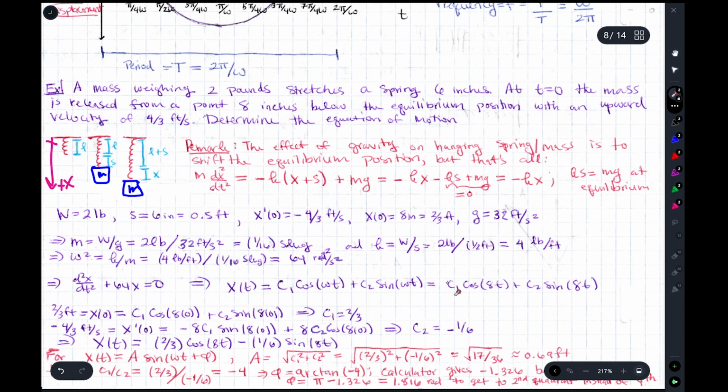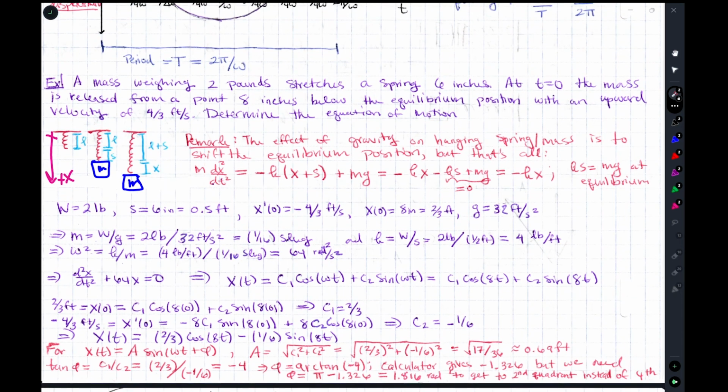You could get that from the auxiliary equation if you don't want to just use the formula. You'll have the square root of negative 64, and so you get complex conjugates.